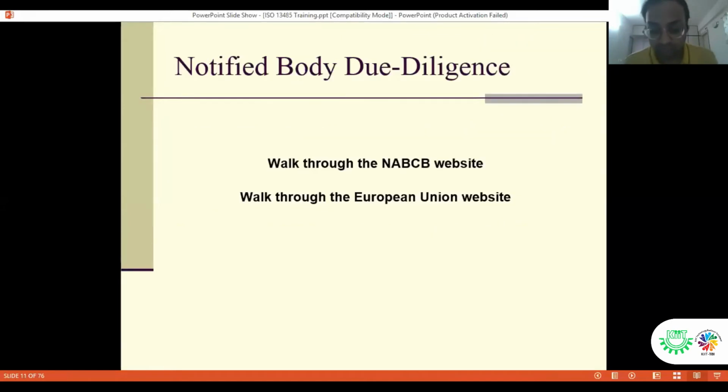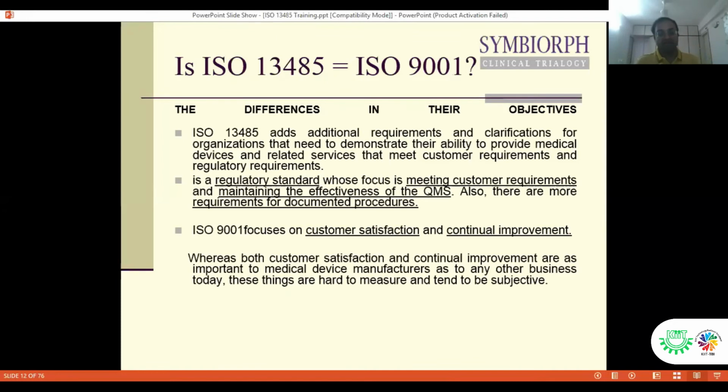Now, a common misconception is that 13485 is similar to ISO 9001. Yeah, it is similar, but for medical device manufacturers, ISO 13485 is the Bible for the quality management system.